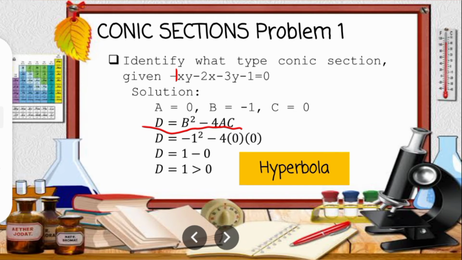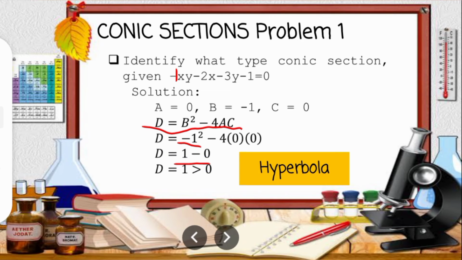Our B has a value of negative 1 squared minus 4 times the values of A and C, which is 0 times 0. Negative 1 squared minus 4 times 0 times 0 is equal to 1 minus 0.